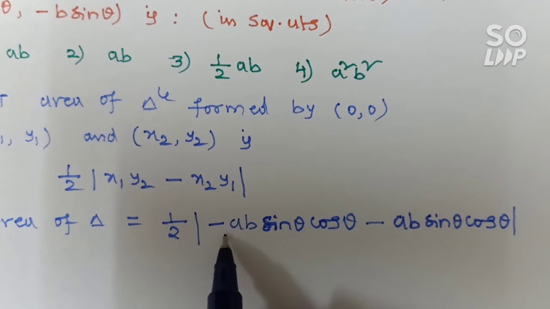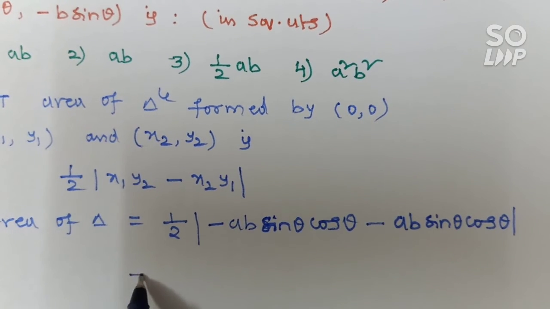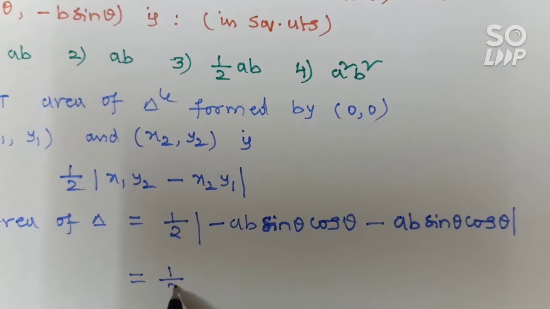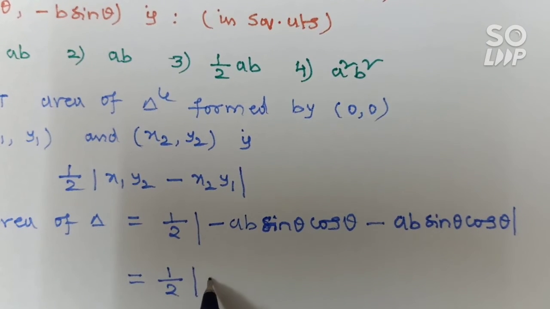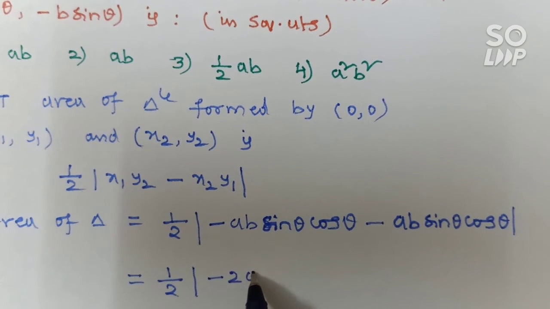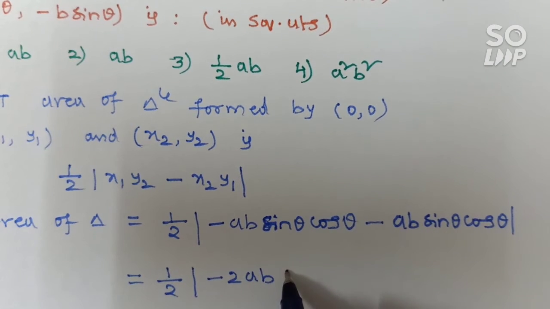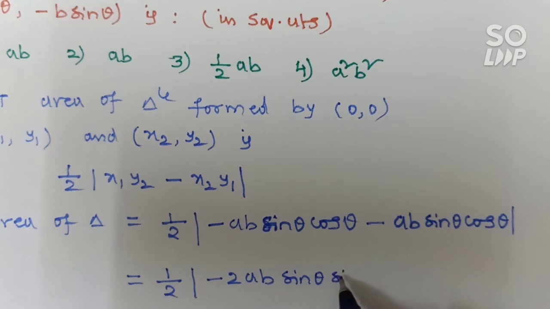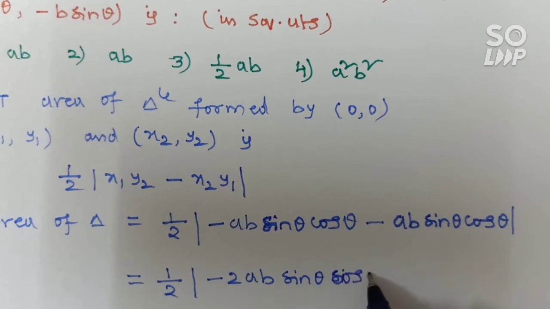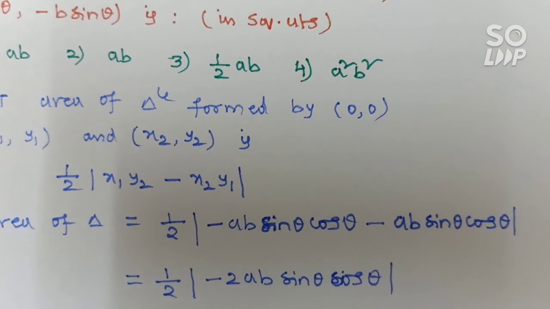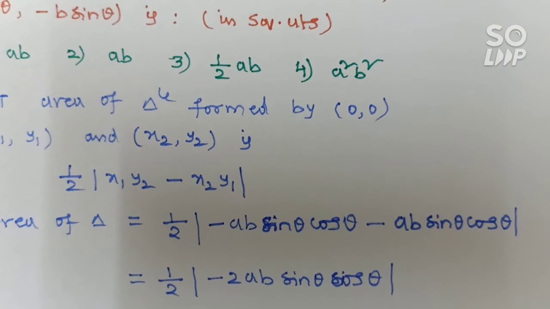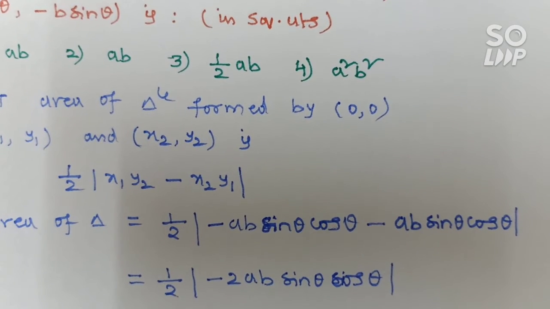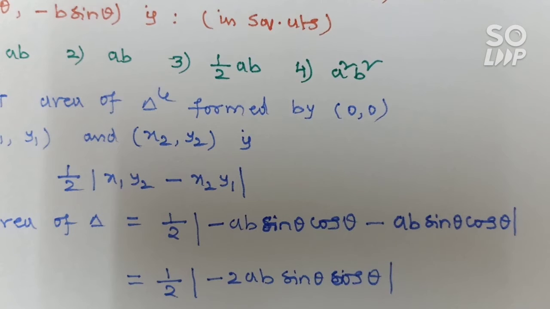Now here, minus ab sin theta cos theta, we can write as 1 by 2 into modulus of minus 2ab sin theta cos theta. You know one trigonometric formula: 2 sin theta cos theta is equal to sin 2 theta. So it is 1 by 2 into ab into modulus of sin 2 theta.